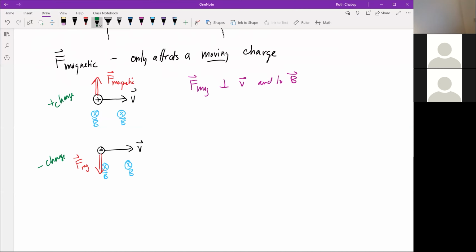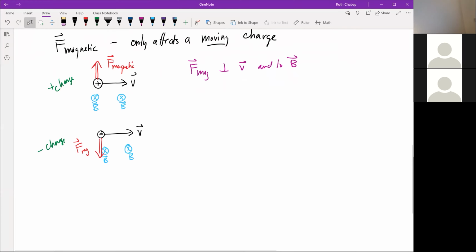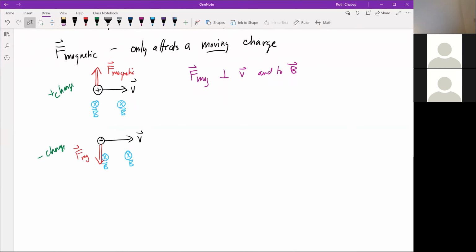And that suggests to us a cross product that involves both velocity and magnetic field, but also has to include the charge.